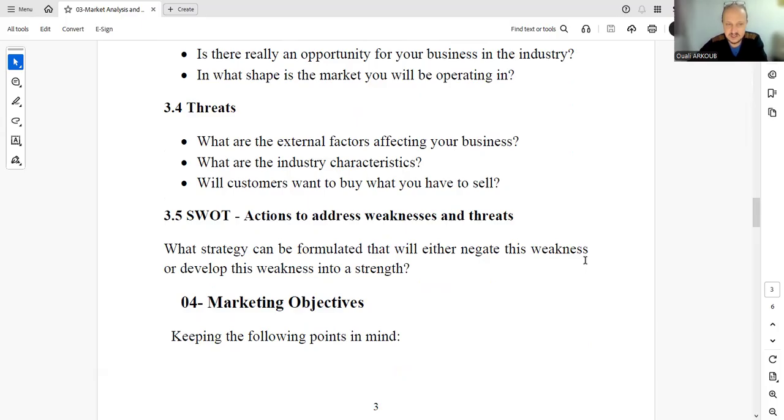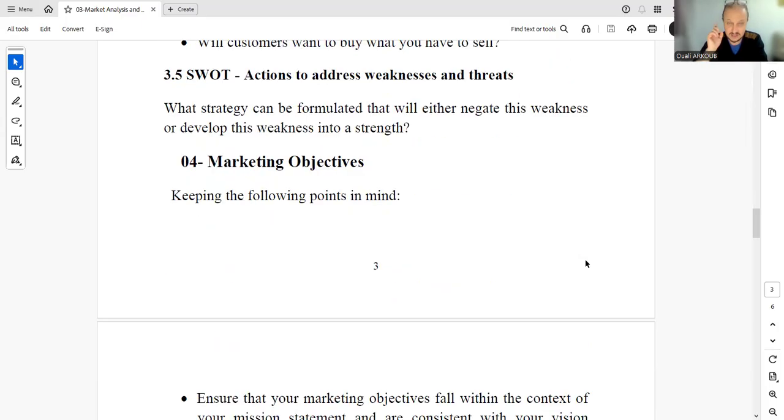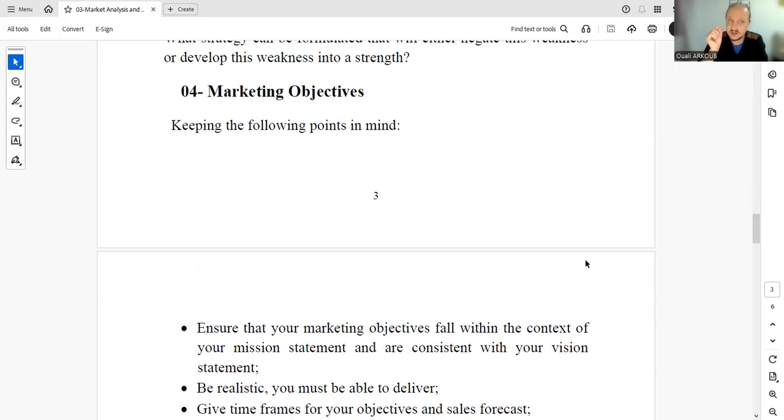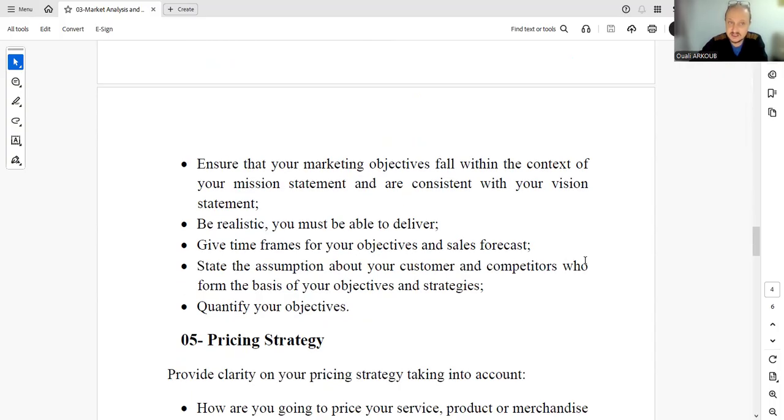Marketing objectives. Keep the following points in mind. The first point is to ensure that your marketing objectives fall within the context of your mission statement and are consistent with your vision statement.